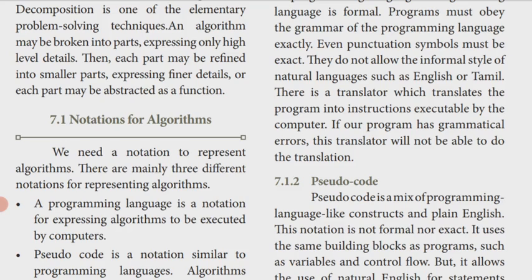The next one is pseudo code. Pseudo code is written just like a programming language, but here you write the steps in English. That is called pseudo code. As simple sentences you explain the algorithm. The next one is flow chart.